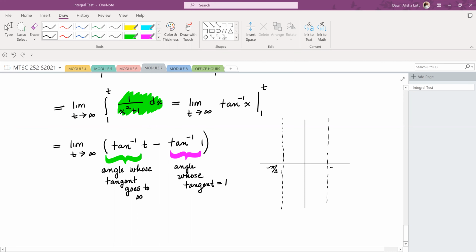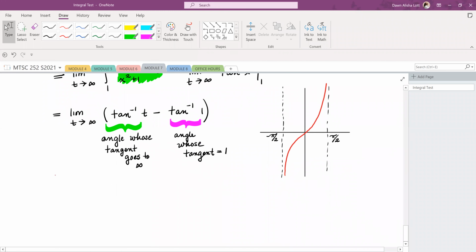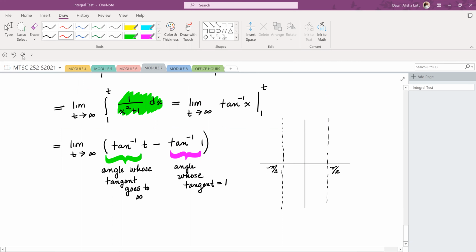at pi over 2, and the tangent goes like this. So the angle whose tangent is trying to go to infinity is pi over 2. And the angle whose tangent is 1 is pi over 4.